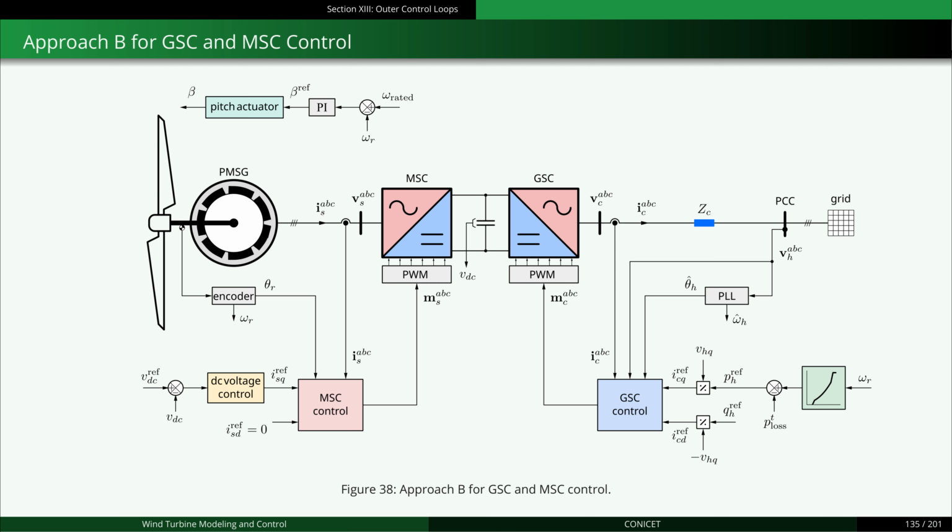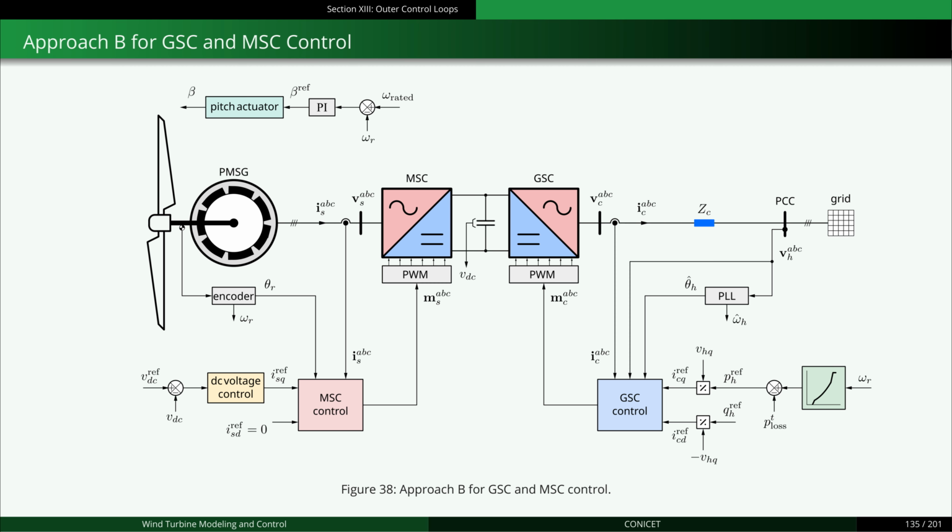Figures 37 and 38 illustrate the control implementation with current and voltage measurements taken in the stationary ABC reference frame. However, as explained in Section 5, we use the synchronous DQ reference frame to represent three-phase signals in simulations and small signal analysis.